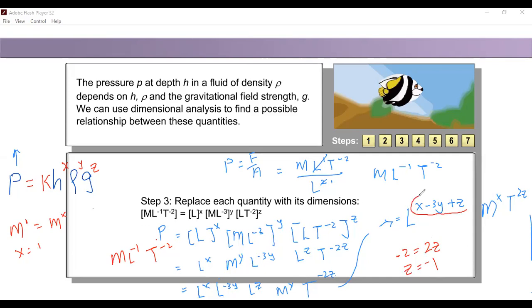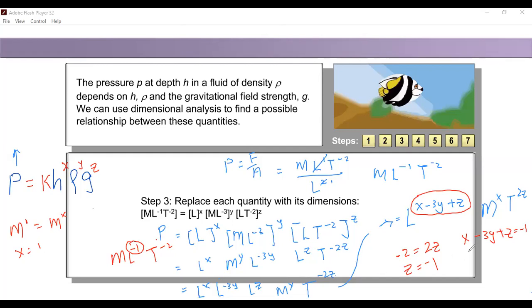And now this one. And L and L. Okay. X minus 3Y plus Z equal to negative 1. It will be equal to negative 1. Then we solve it.